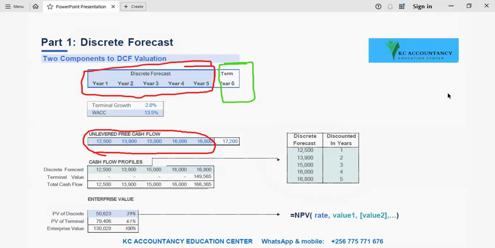But we really want to focus our attention down here at the bottom, where we show the present value of the discrete forecasts of $50,623.